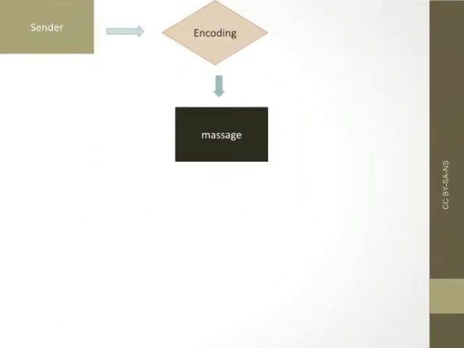After encoding, now the sender will draft a message which is organized, well shaped, and which is having selective thoughts. The message can be a verbal or a non-verbal communication.